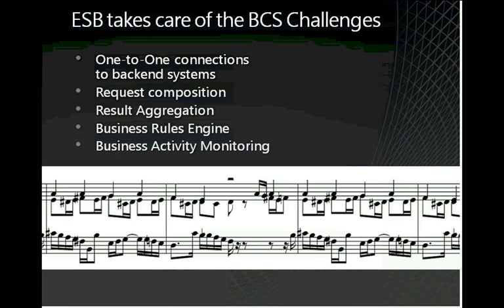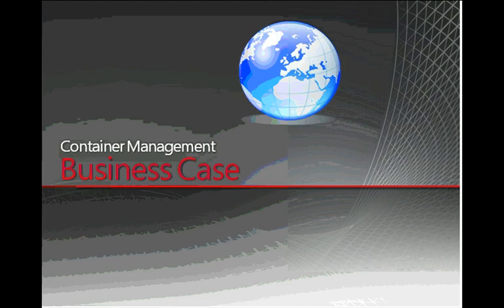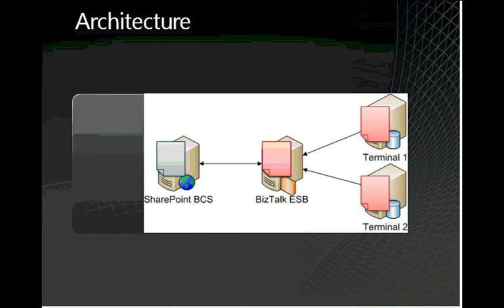Let's head over to the use case, the business case. Container management; we've already used these terms a little bit throughout the presentation. What's the architecture? The architecture is pretty simple. From within SharePoint Business Connectivity Services, we send a single request to the Enterprise Service Bus.